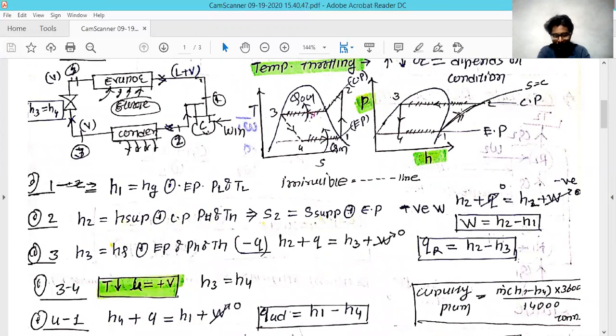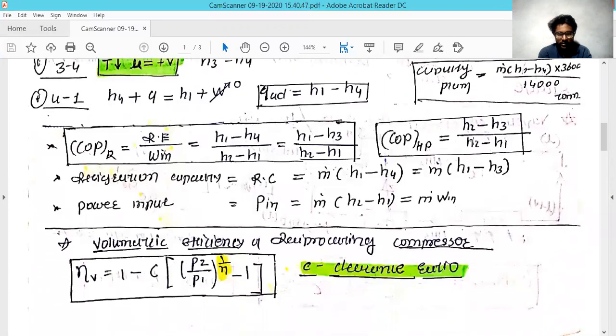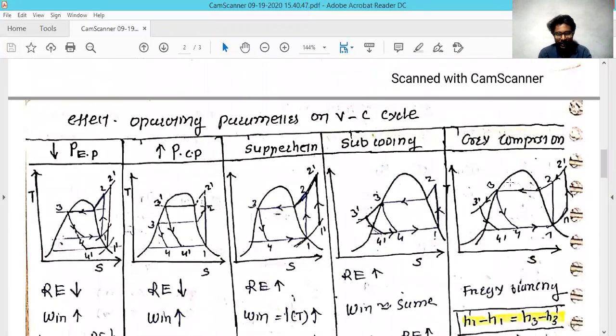In this session, we are going to see the different orientations used in this TS diagram to improve the quality or the refrigeration effect in this cycle. If you change the settings of this equipment, like the lower pressure, upper pressure, subcooling, and superheating, we have seen a similar condition in the Rankine cycle.